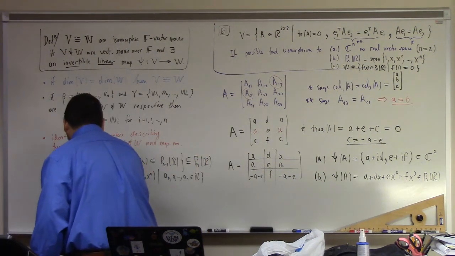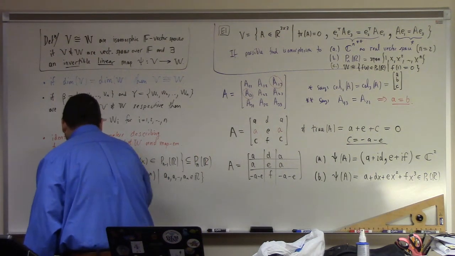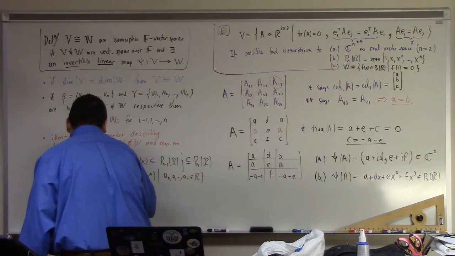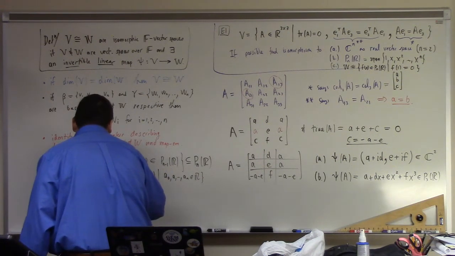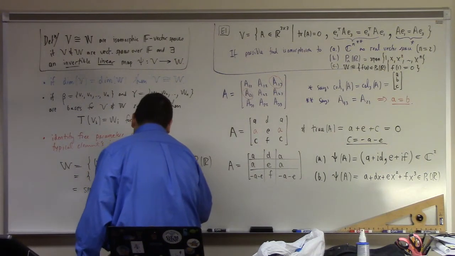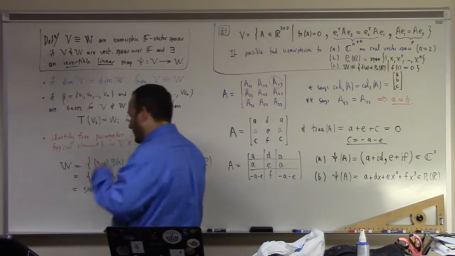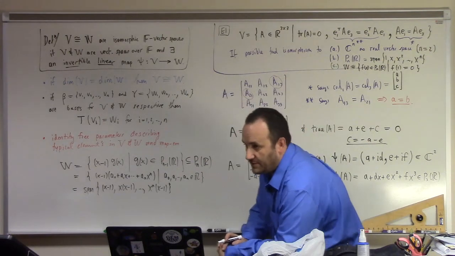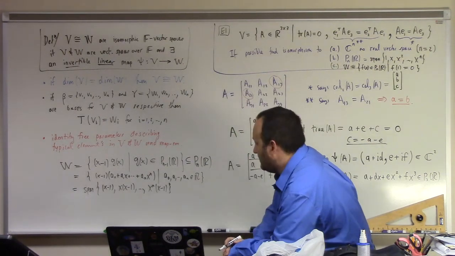What I'm trying to get us to notice is that something like this is really the span of x minus 1 and x times x minus 1, up to x to the n minus 1 times x minus 1. And you could prove that those are linearly independent.